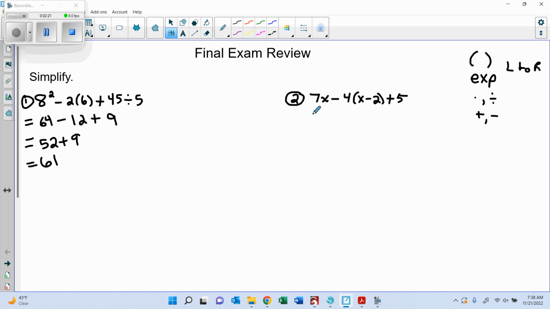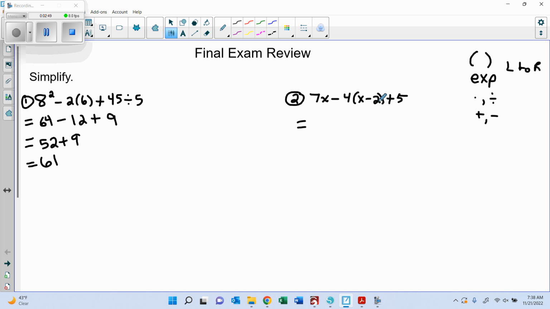All right, same thing applies when you have expressions that happen to have variables in it. We still follow order of operations and go through and do everything working left to right. So this is just an expression. There's no equal sign. So put your equal sign down here, and then we'll just work on simplifying things. We see that we have parentheses, but inside the parentheses, these are not like terms.